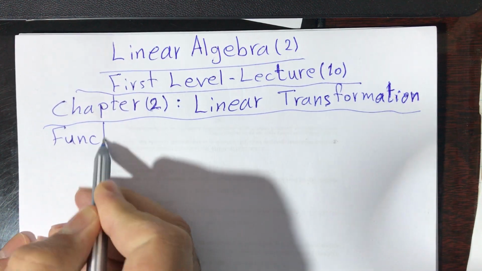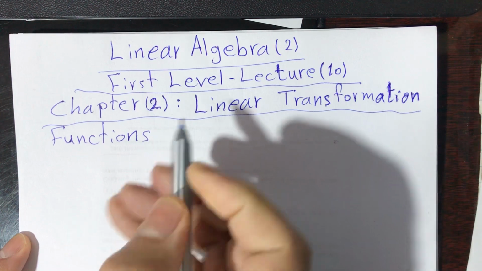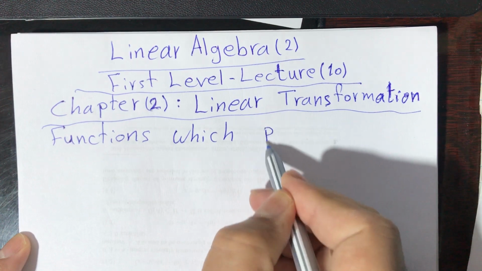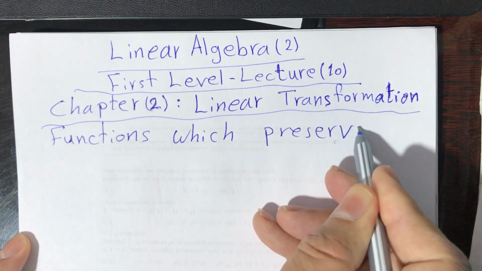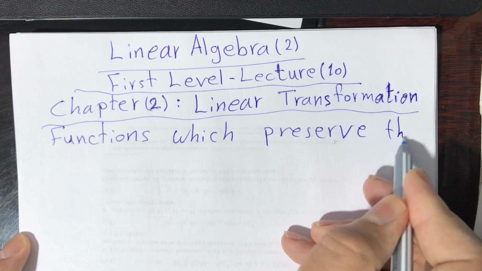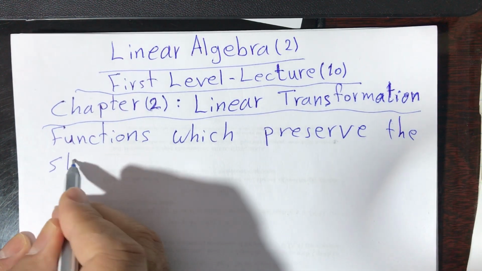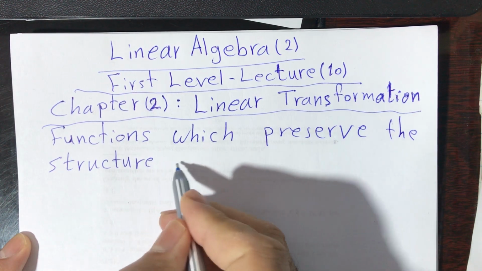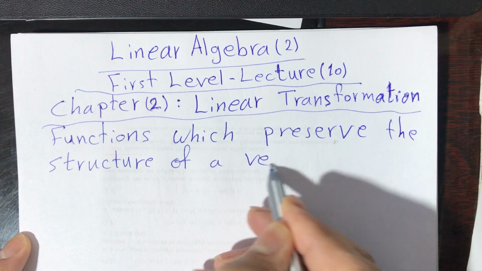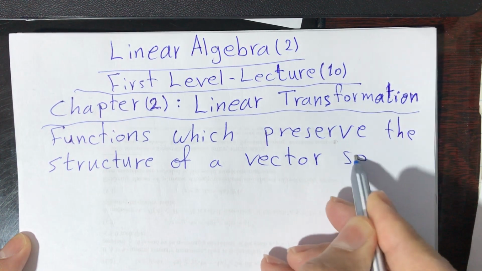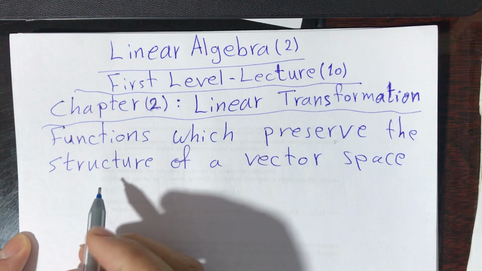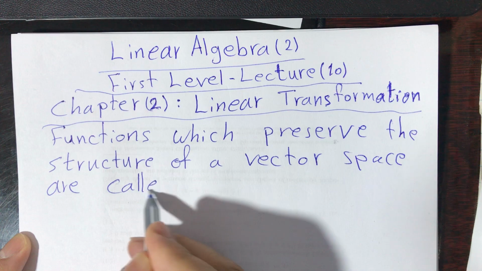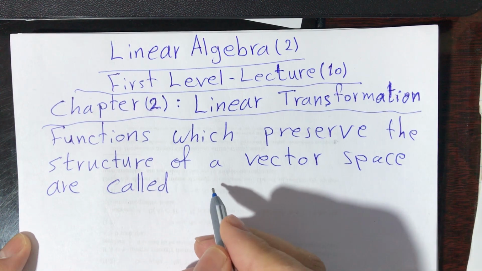Functions which preserve the structure of a vector space are called linear transformations.